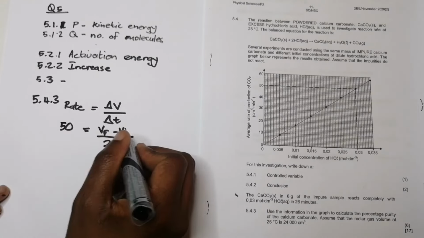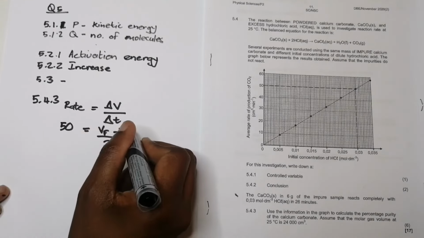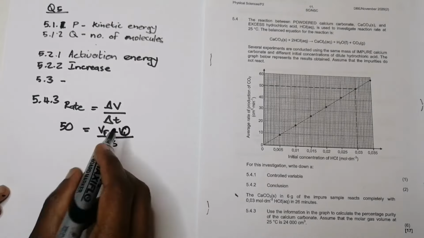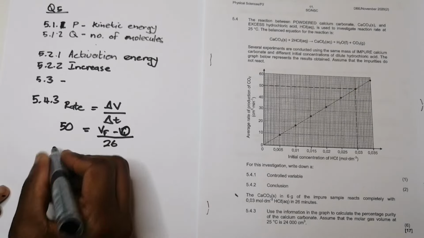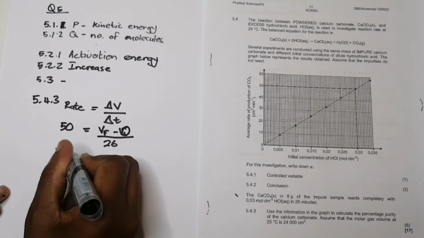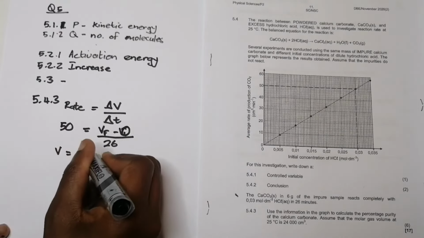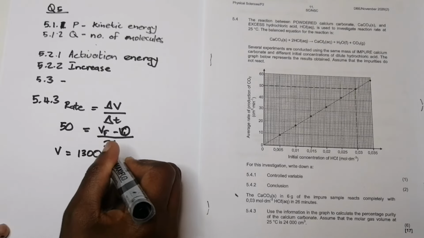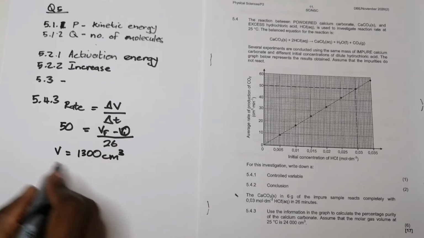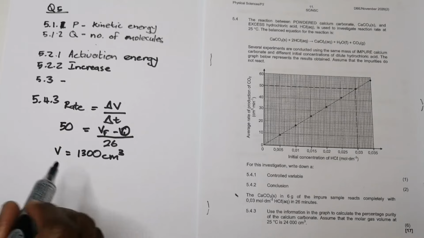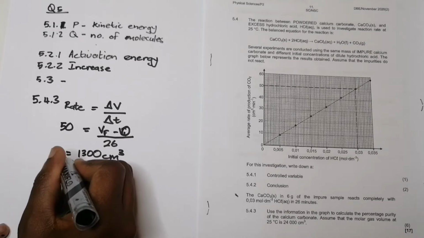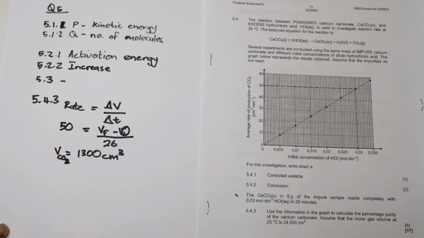So let's find our final volume. Our initial volume is 0. My volume produced would be 26 times 50, and I get 1,300 cubic centimeters. This is the volume of carbon dioxide that I would have produced.